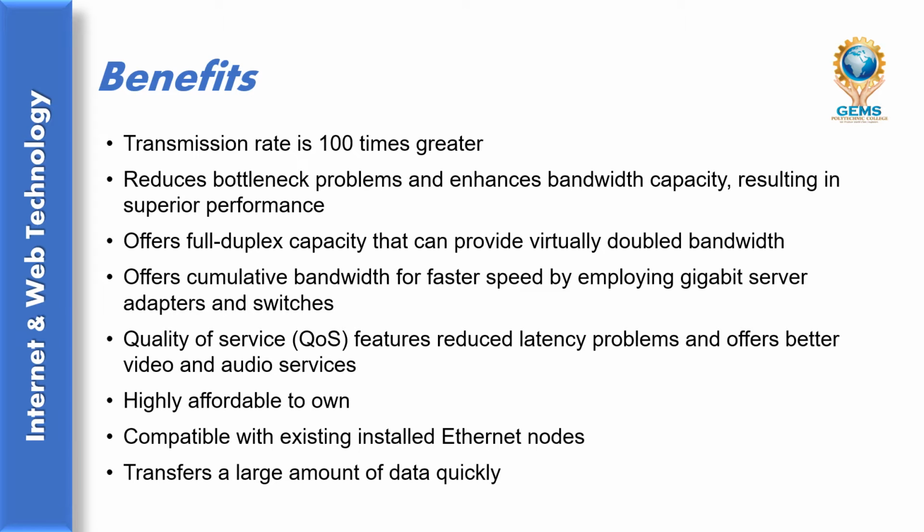Quality of service features reduce latency problems and offer better video and audio services. It is highly affordable to own, compatible with existing installed Ethernet nodes, and transfers a large amount of data quickly. These are all the benefits of Gigabit Ethernet.